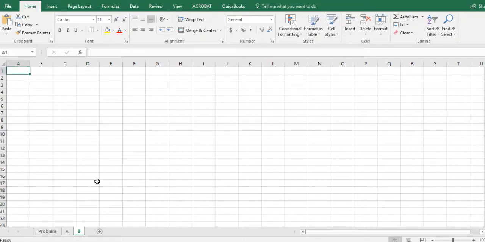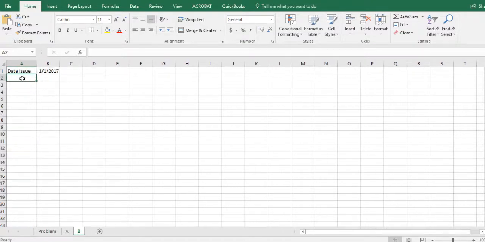So let's start with some known factors and what the problem actually tells us. We know that the transaction occurred, so the date of issue is 01/01/2017. And I almost always do this: I put in the things I know.